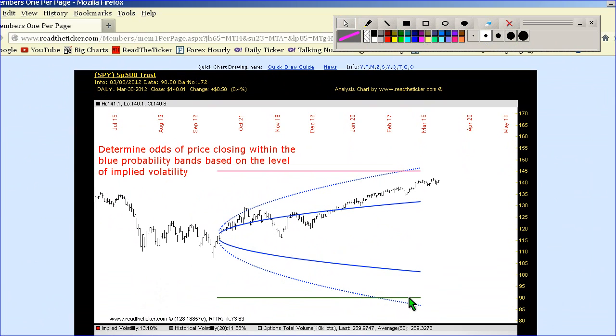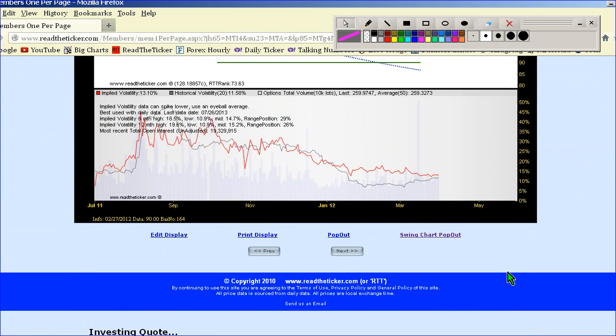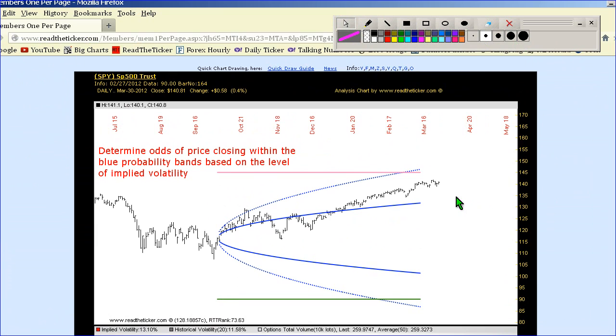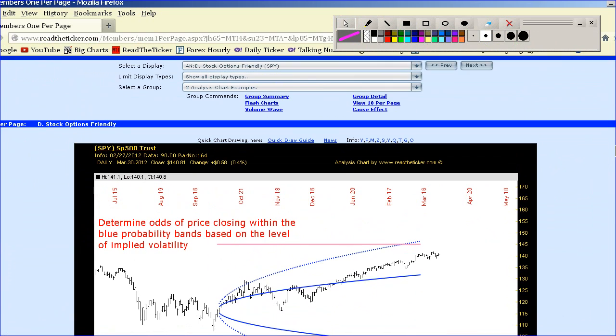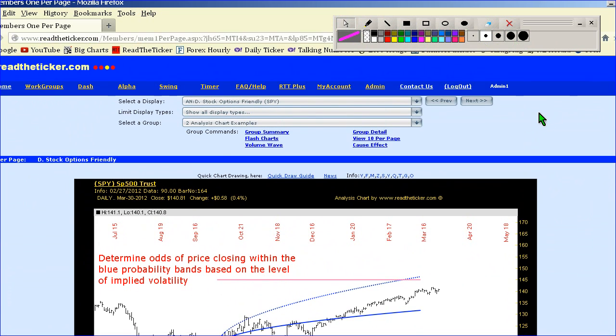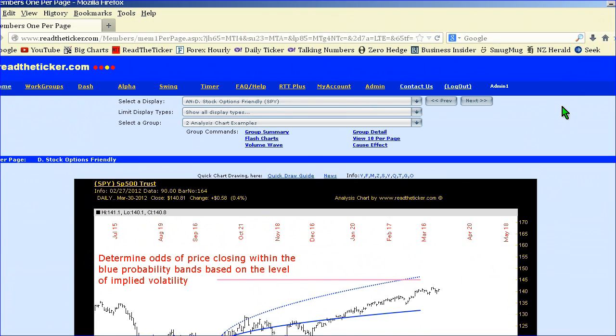If you're doing a condor, or if you're doing a credit spread or a debit spread, you can work out where the strike price should be within the probability range. This all takes into account implied probability and also your bullish and bearish bias. So that's how you can take advantage of monitoring and using implied volatility to sell or buy options within readtheticker.com.